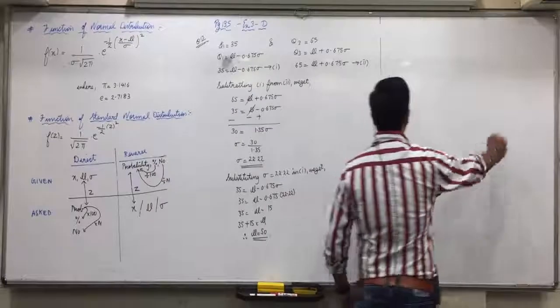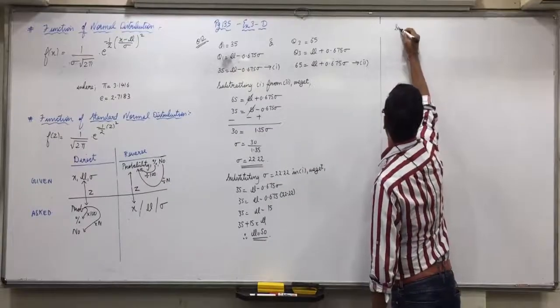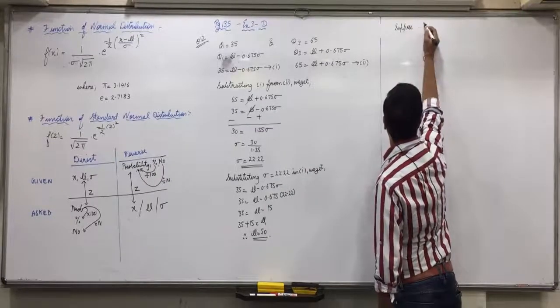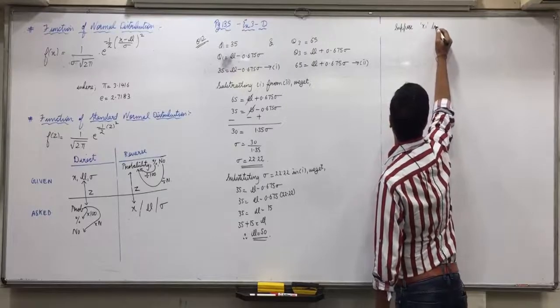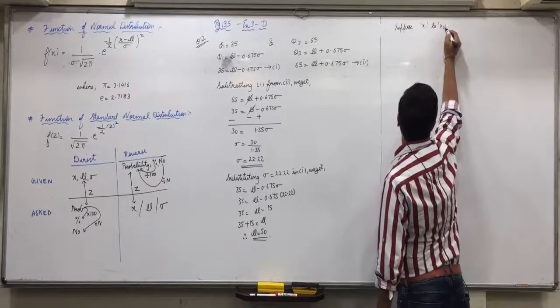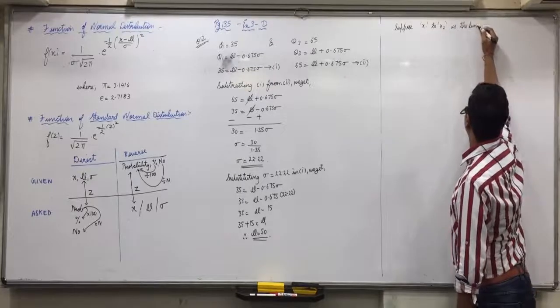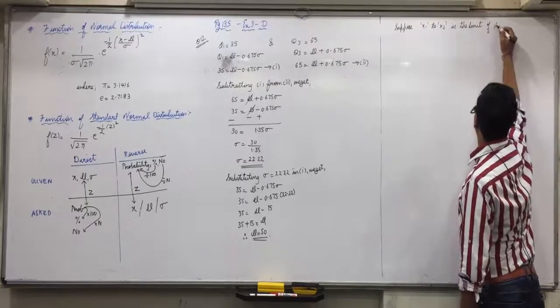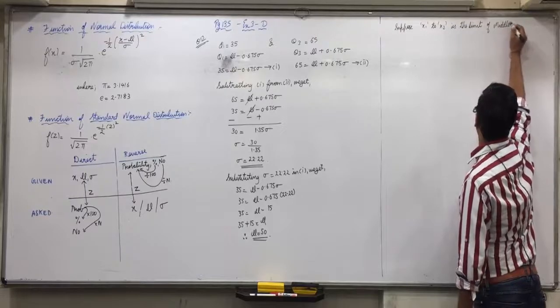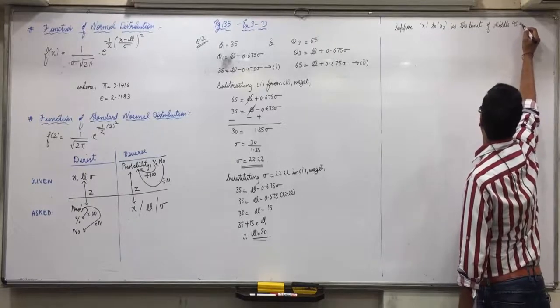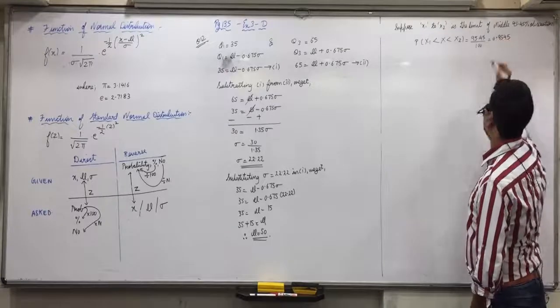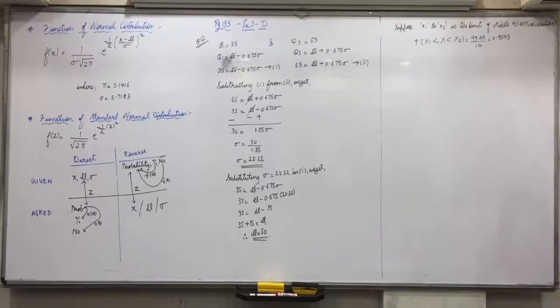First again write down, suppose x1 to x2 is the limit of the middle 95.45%. Did everyone understand this? Okay, x1 to x2 is 95.45%, means x1 less than x less than x2 is 0.9545.